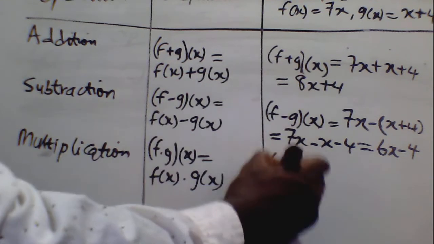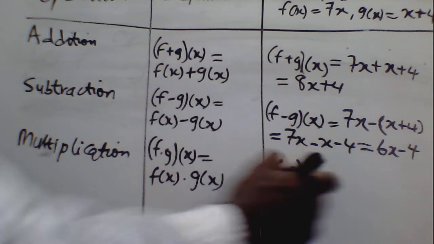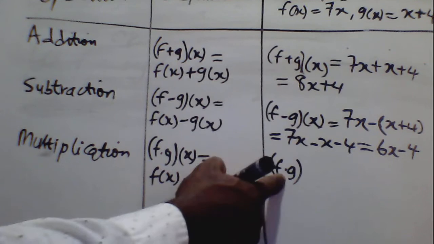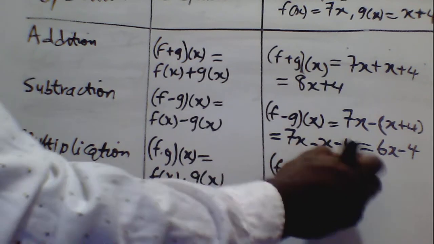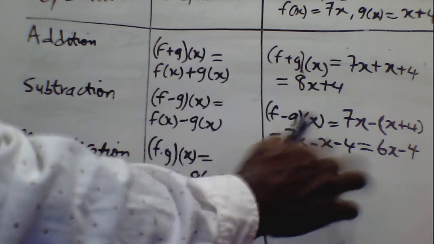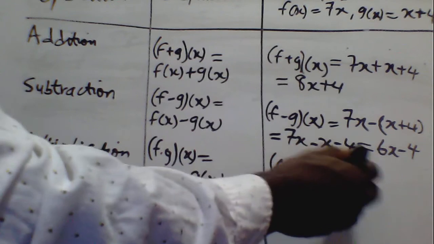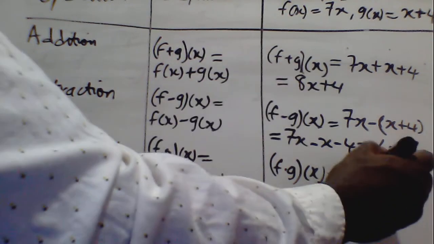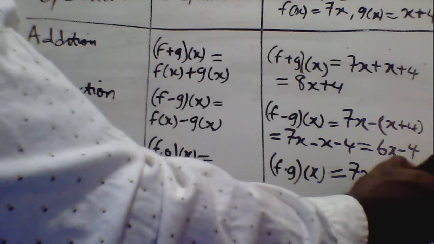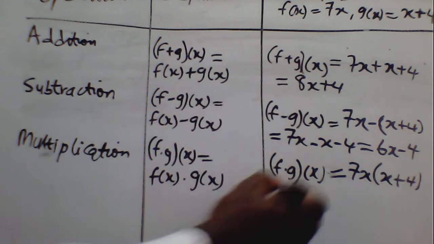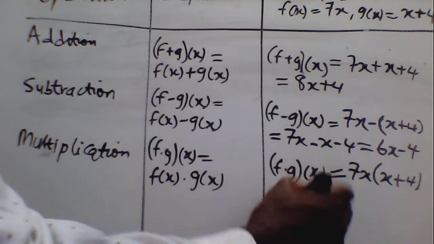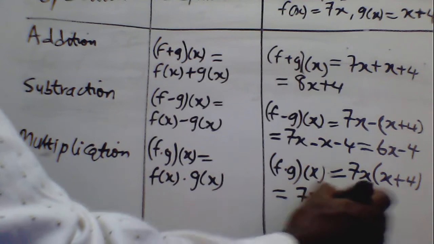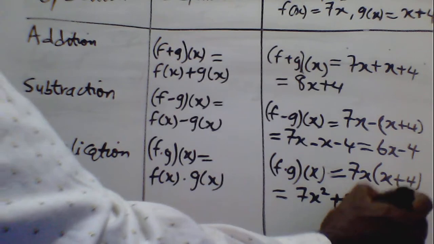So here we have f, that is a function of x, times g of x, the function of x. So this will give us what? This will give us 7x times x plus 4. So if you open the bracket, you have 7x squared plus 28x.